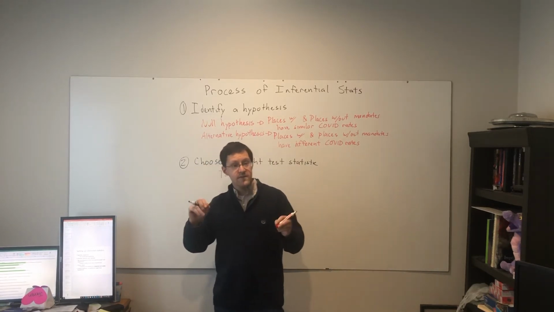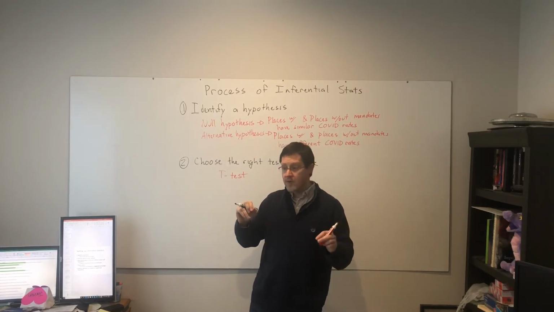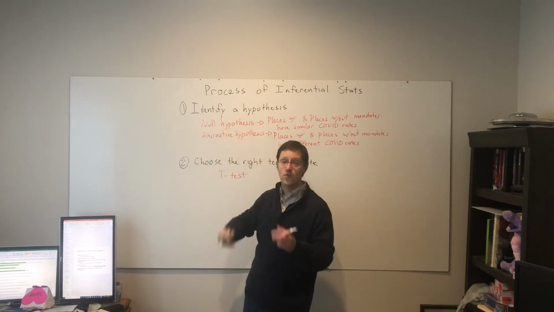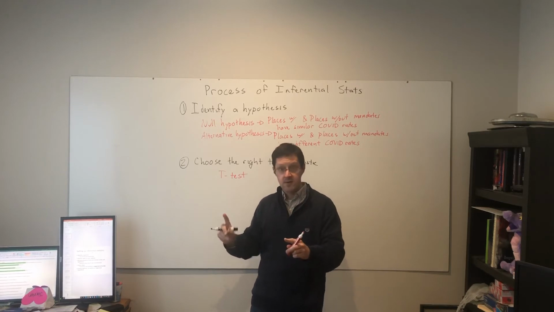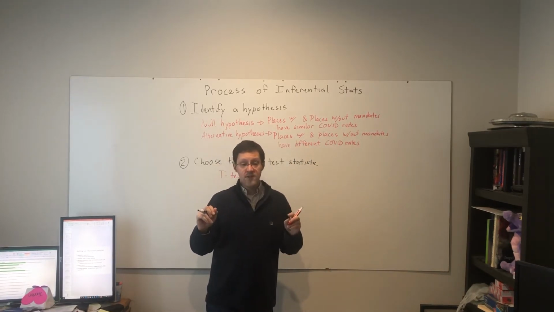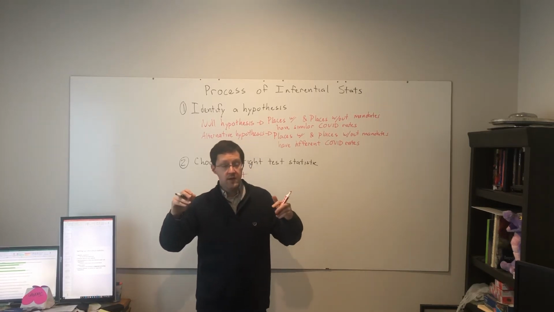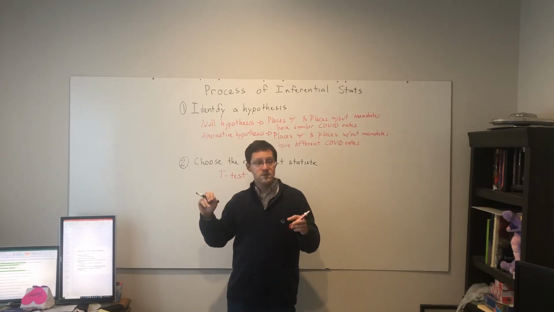What the test statistic is going to do is evaluate the probability the null hypothesis is true, or rather, the probability it is supported by the data. And what we are going to do is say, okay, I am going to be skeptical.